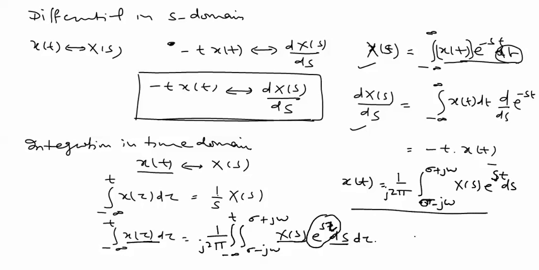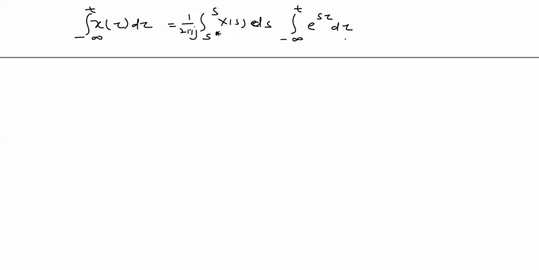By integrating this term, we found the integration of this term is tau upon s, from minus infinity to t. We put the value, e power minus st upon s minus 0 upon s.